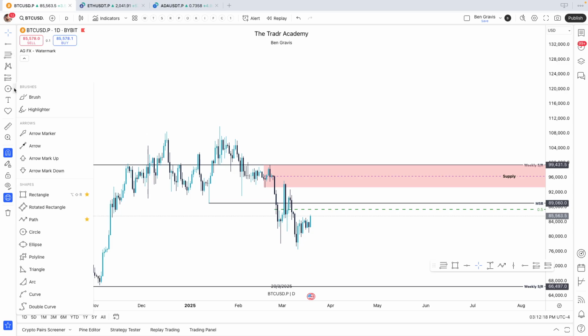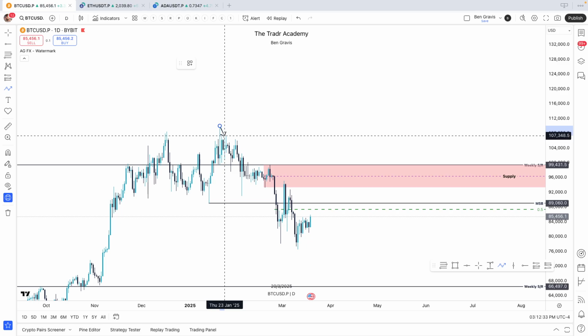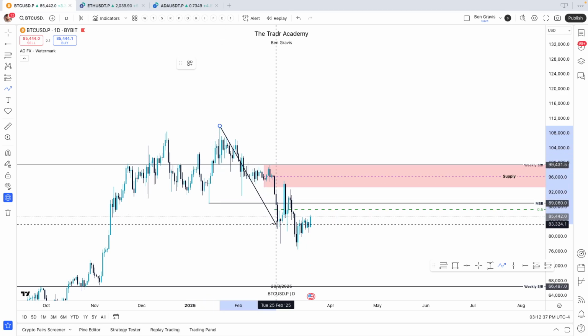Where is it now? Here. I'm gonna look at market structure. So here you have a higher low, higher low, higher low, and then you break market structure here.